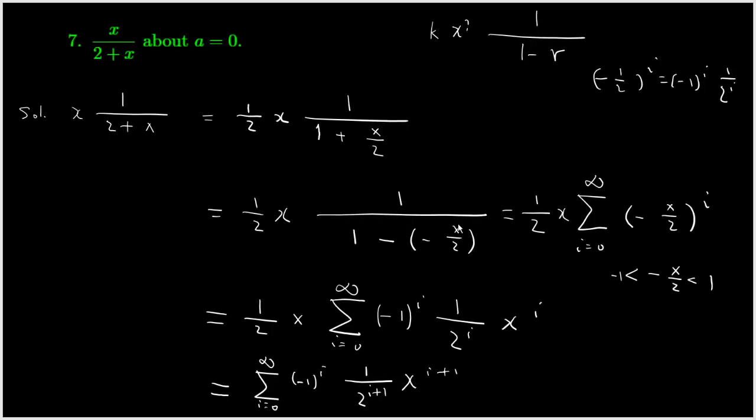So the interval of convergence, the representation is valid when x is greater than -2 and less than 2. Okay, that's the final answer. That's how we represent the function in 7. Okay, just leave the function in that form, the same thing, right? So we're done 7.